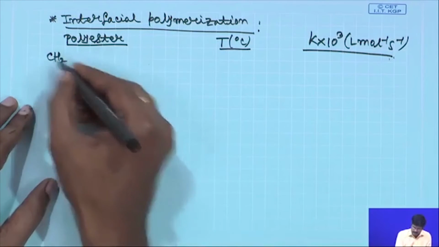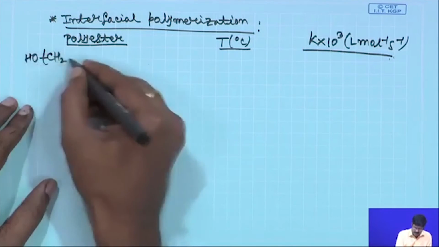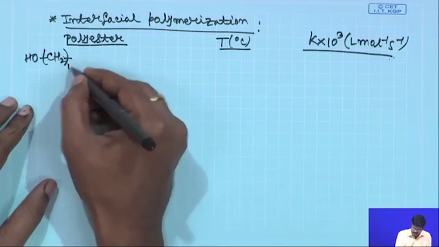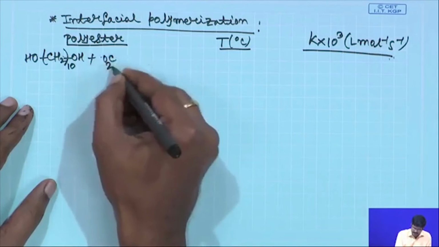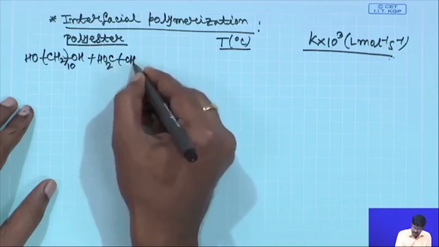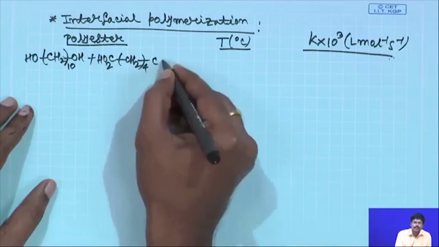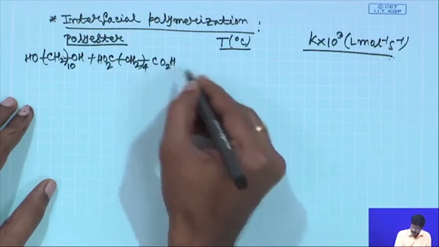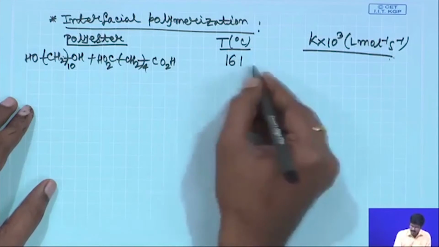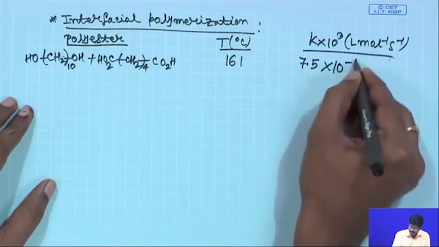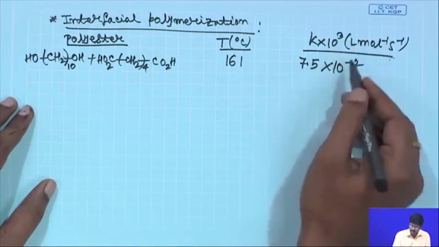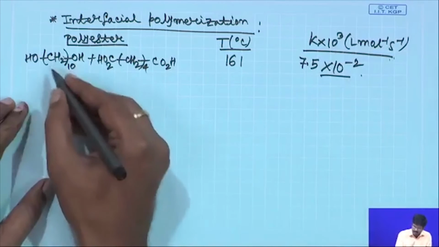So, these are some of the experimental data. Say you have an alcohol like this, HO(CH2)10OH, and you have adipic acid, CO2H(CH2)4CO2H. This reaction is done at 161 degrees Celsius and the rate constant is 10 to the power minus 2, you have actually multiplied by 10 to the power 3. So, this rate constant is quite low.